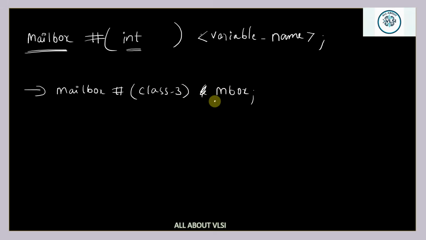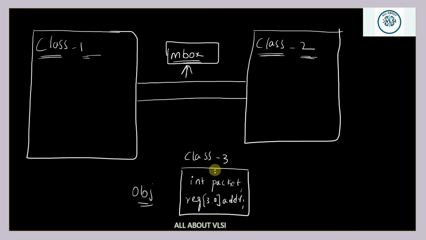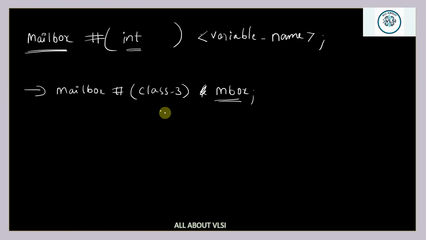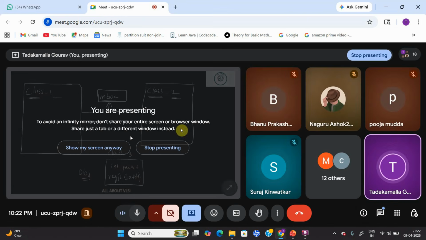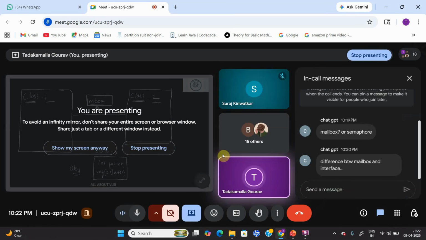So this mbox will now accept only objects of class_3. You can only send the class_3 object via this mailbox from class 1 to class 2. Is it clear, guys? How you declare your mailbox, and how you set which type of data you want to send and receive?